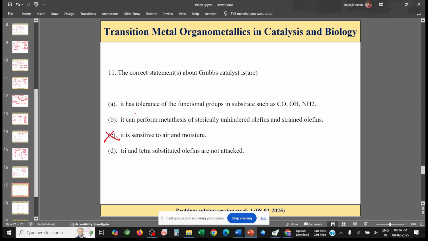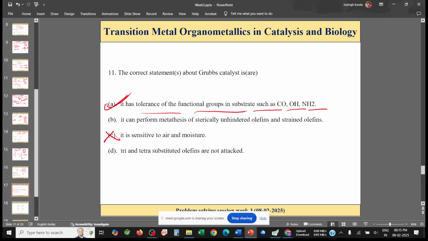Now the remaining option says it has tolerance to functional groups in substrates, with COOH, NH2. Yes, it has functional group tolerance. It can perform the metathesis reaction. As you can see, the Grubbs catalyst already contains some bulky groups, that is PCy3 and others, where PCy3 is tricyclohexylphosphine, which is very big in size.